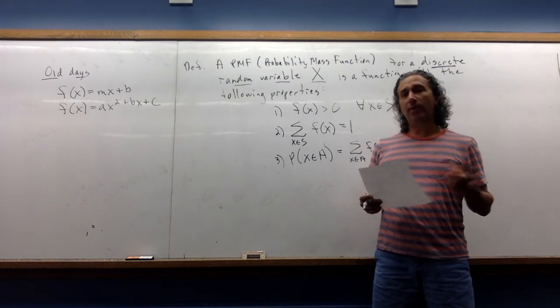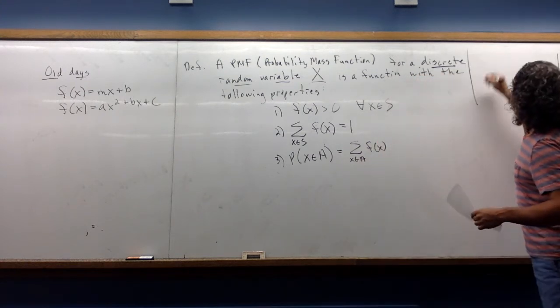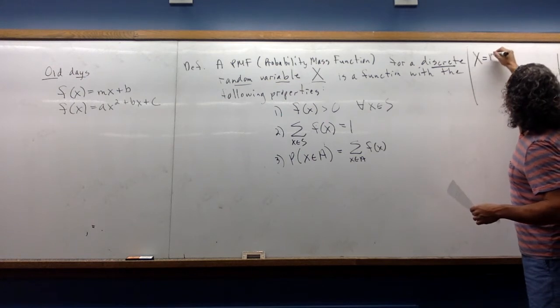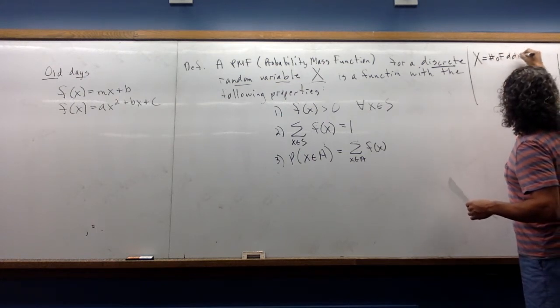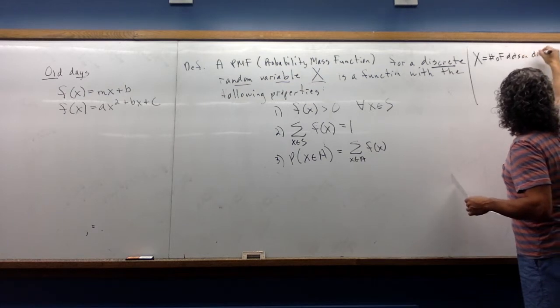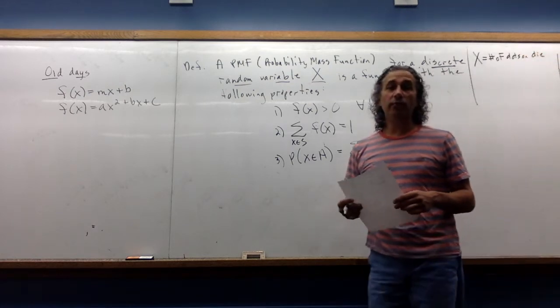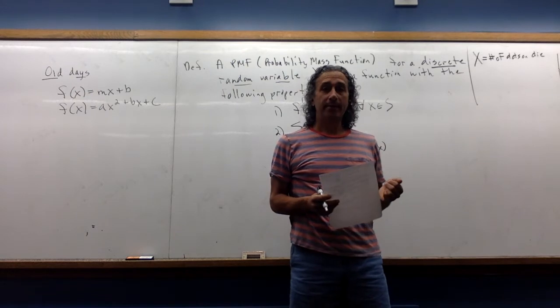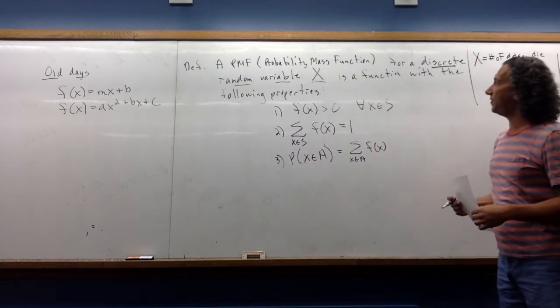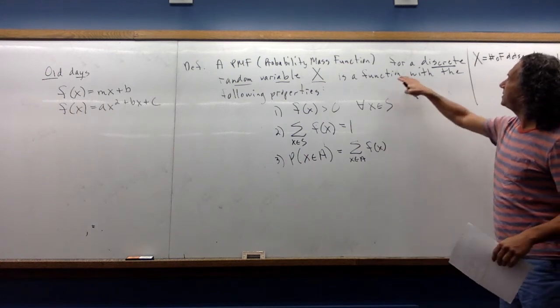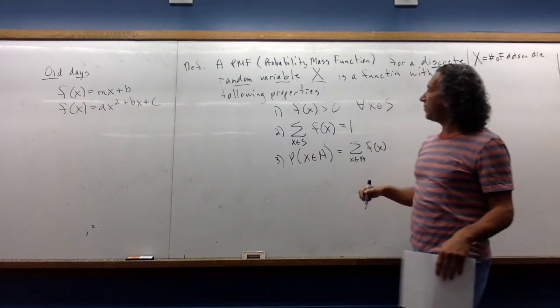So for example, capital X could be the number of dots on a die when you roll a die. So it's representing something that has randomness associated with it. This is going to be a function with the following properties.